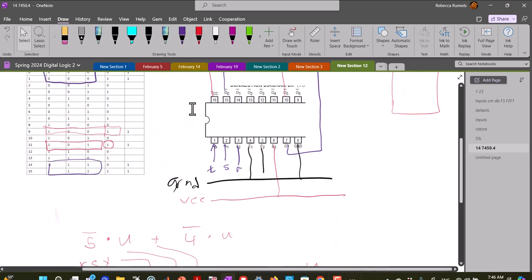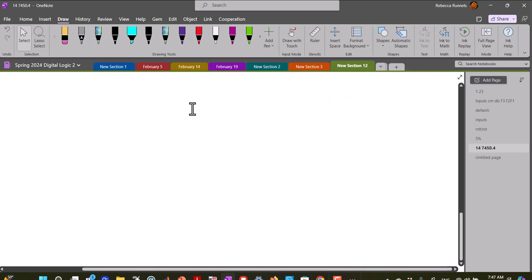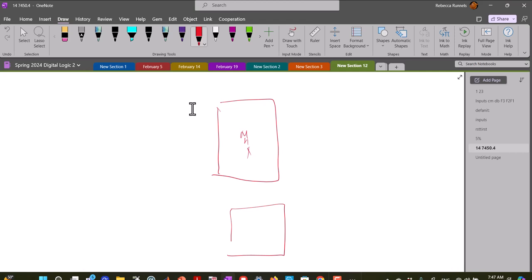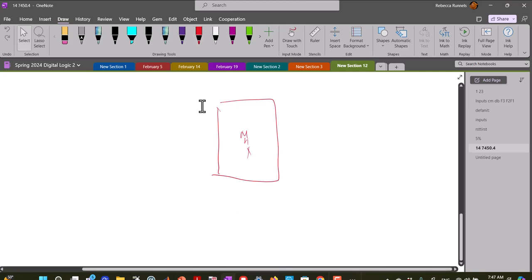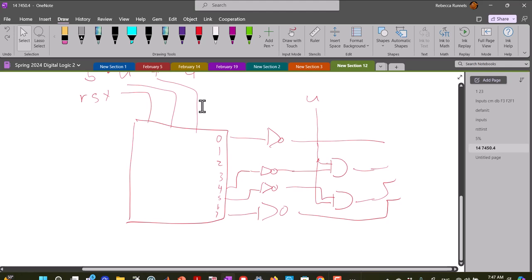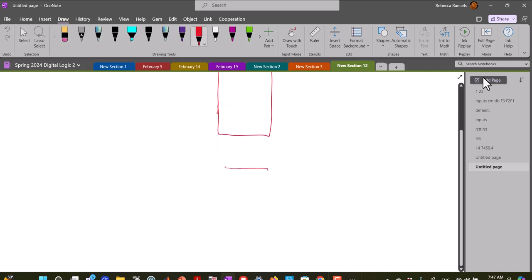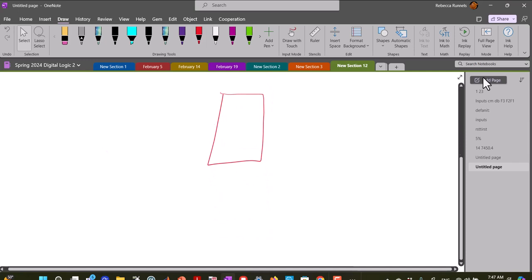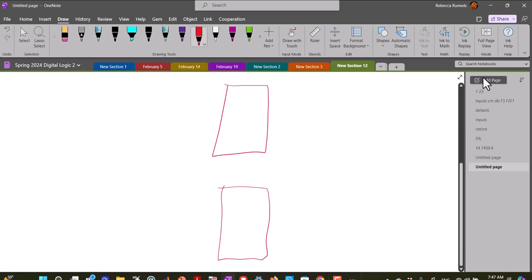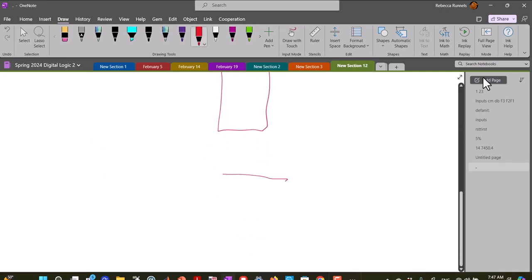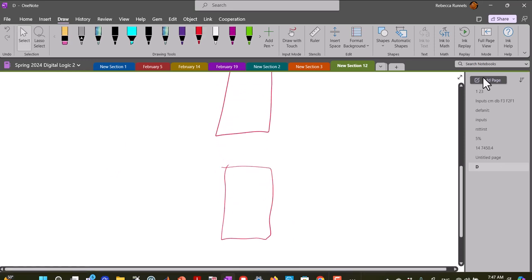Okay, so let me draw this a little neater. So I've got my multiplexer. I've got my NOT gate. And I have an AND. I'm going to have an OR.